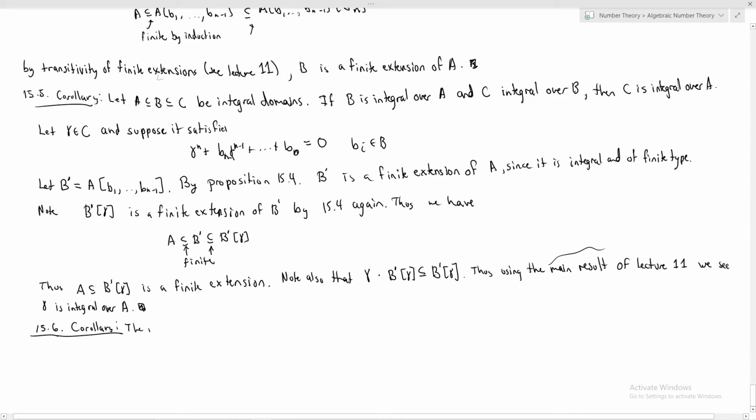It says the integral closure of an integral domain A in a field L is integrally closed.